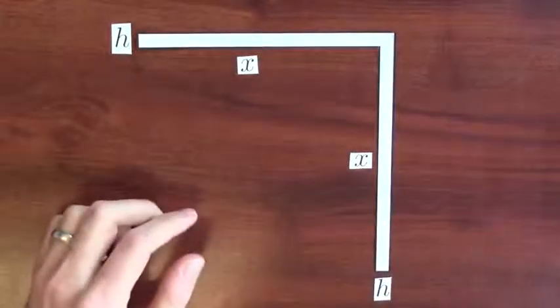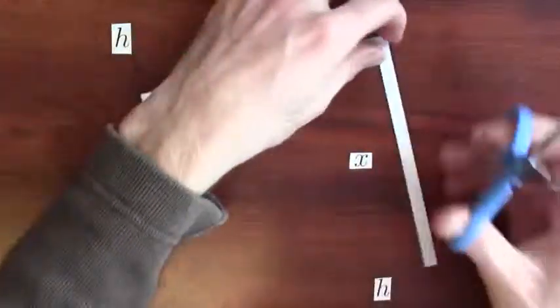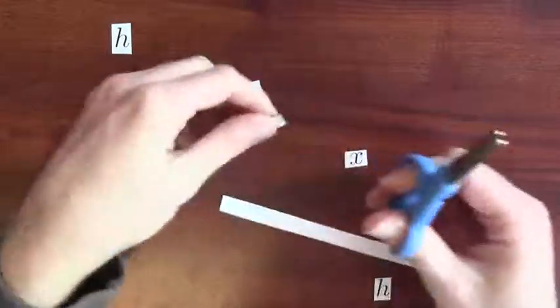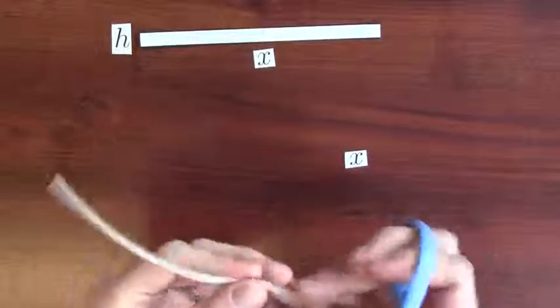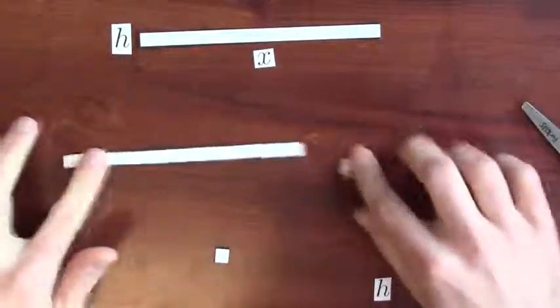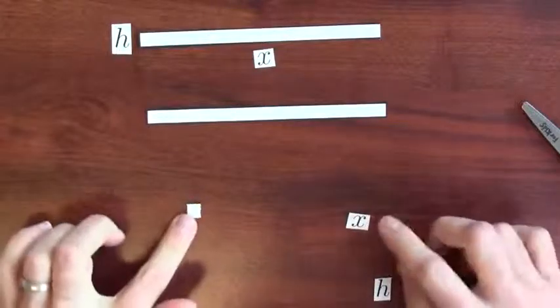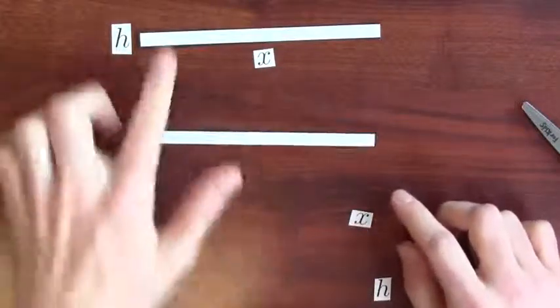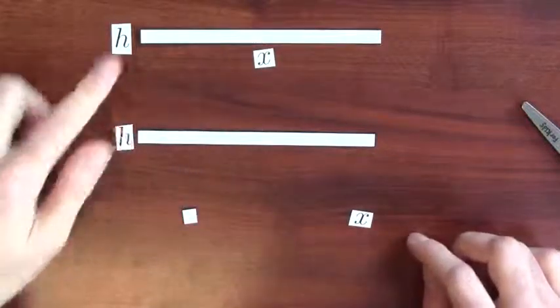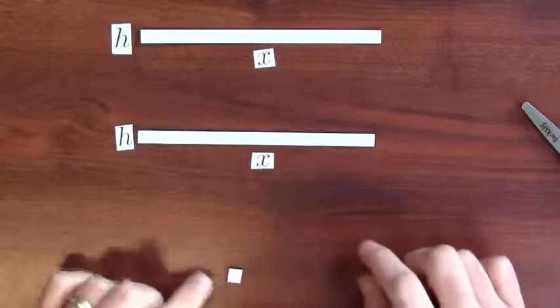To see that, I'm going to get out my scissors and cut this region up into 3 pieces. Now here's one of those pieces, and here's another one of those pieces, and here's the third piece. So these are the 2 long, thin rectangles, and they've both got height h and length x.